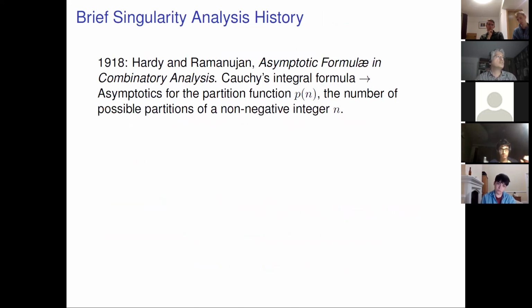So, a brief story of singularity analysis. In 1918, Hardy and Ramanujan applied Cauchy's integral formula to get the asymptotics for the partition function. Then over the decades, that was improved.